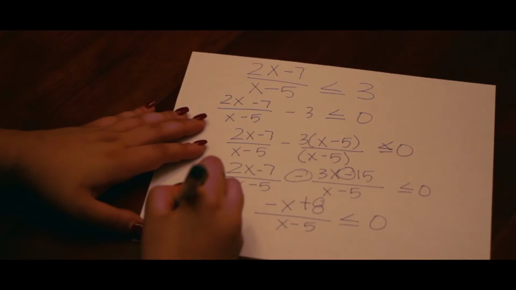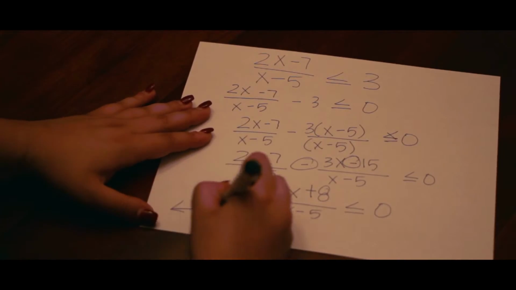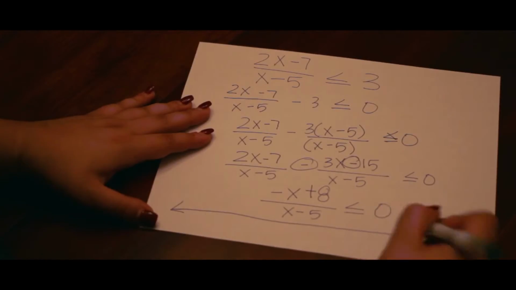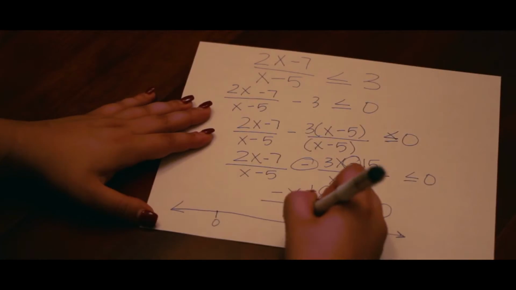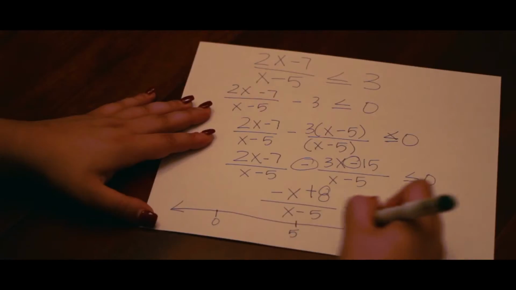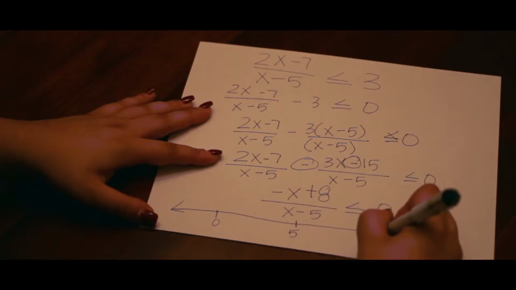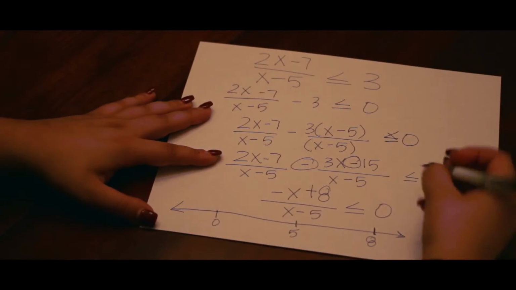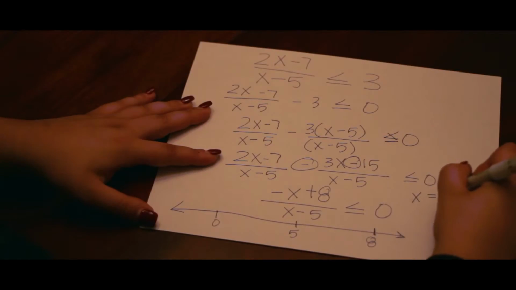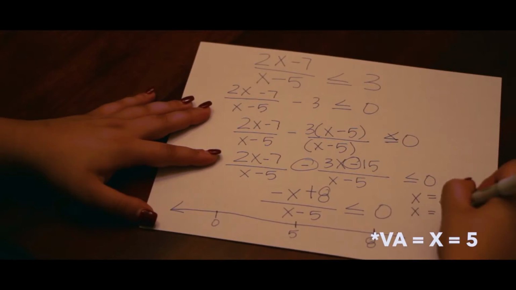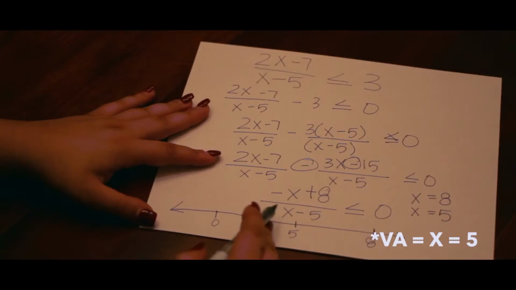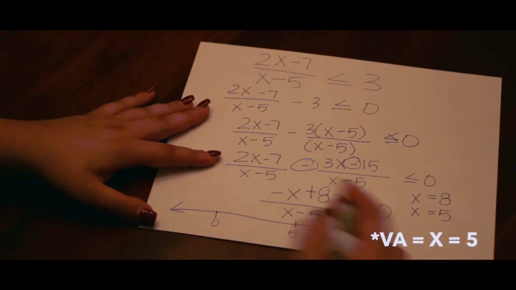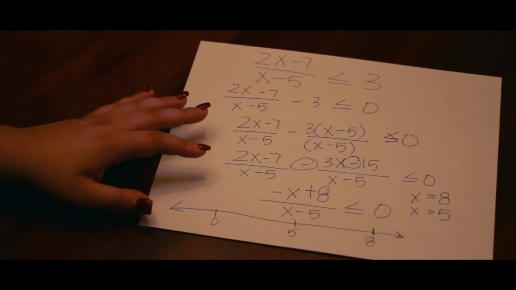Okay, let's draw a tiny number line. I got 0, 5, and 8 because I know that those are going to be my factors. x is going to be 8 and x is going to be 5. 5 right there, and then you flip it, that's 8. Perfect. Okay.